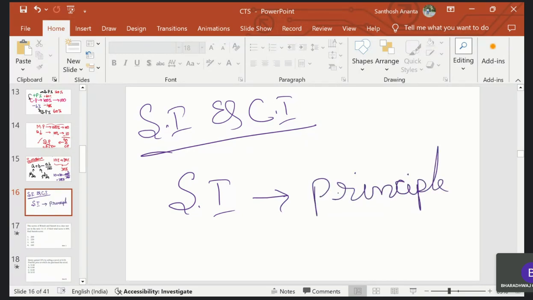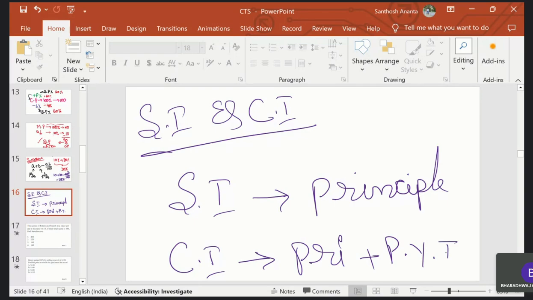In compound interest, we'll be collecting the interest on the principal as well as the previous year's interest. If you collect the interest for both principal and interest, we call it compound interest.